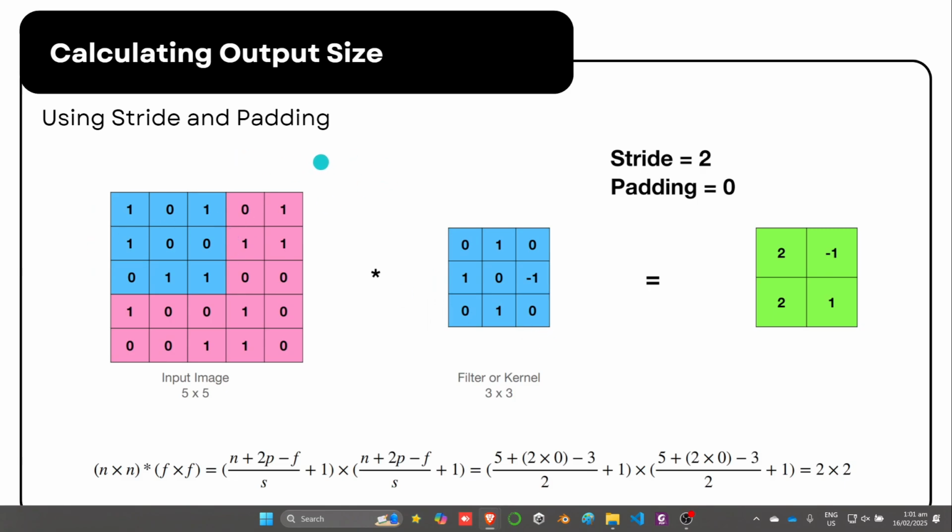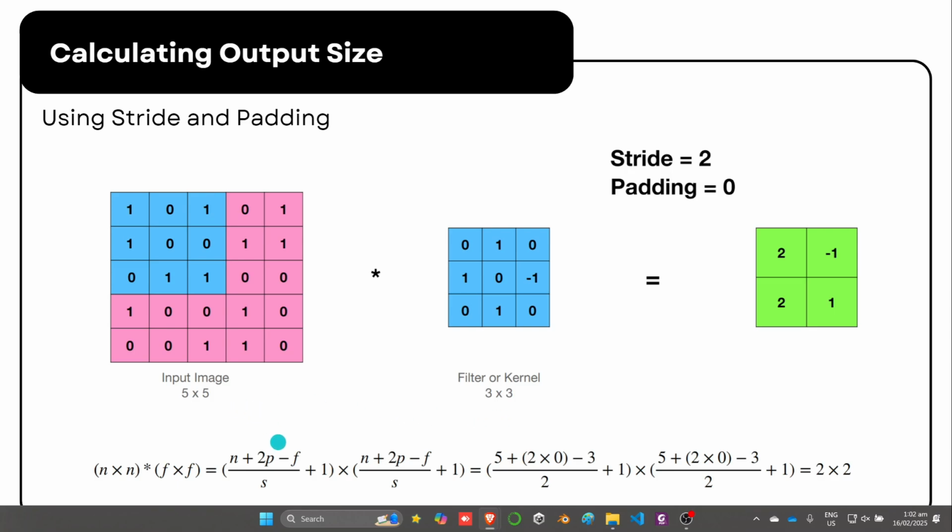We can now calculate the feature map size with this formula, which uses stride and padding. Here n by n is the input size, 5 by 5.